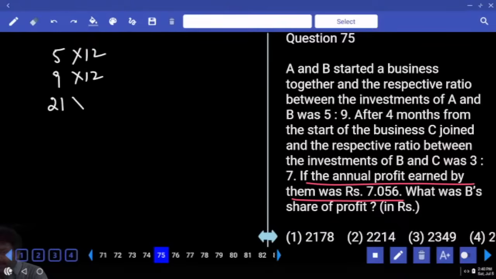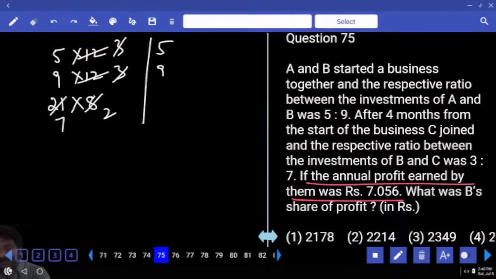Because C joined after 4 months, he will be there for 8 months. So 5 times 12, 9 times 12, 21 times 8, which gives 5, 9, 14 in parts. Total how many parts? 28 parts. 7056 divided into 28 parts. And we want B value. B is getting how many parts? That means into 9 only.